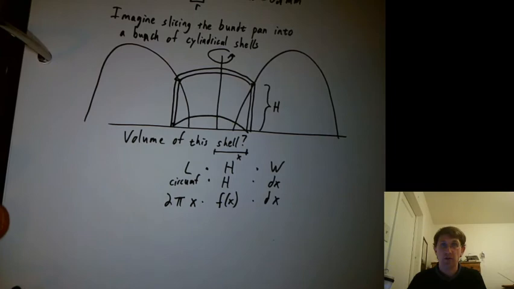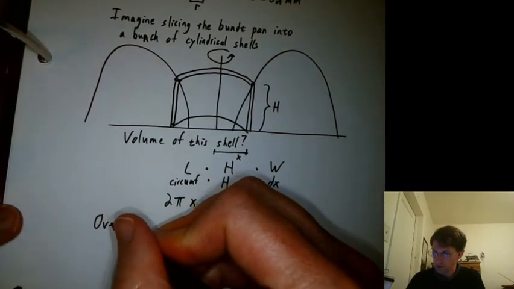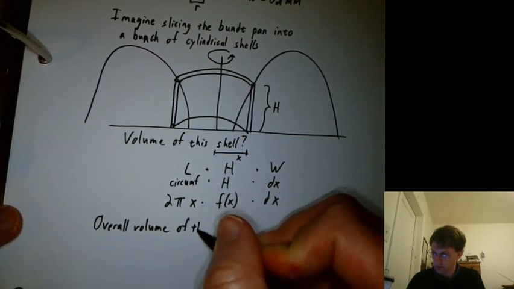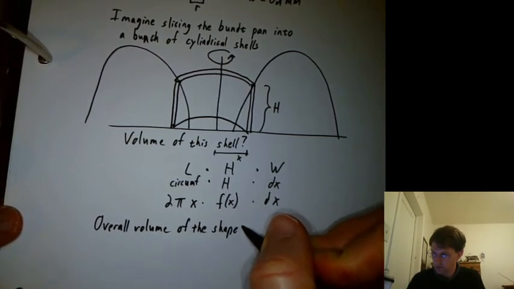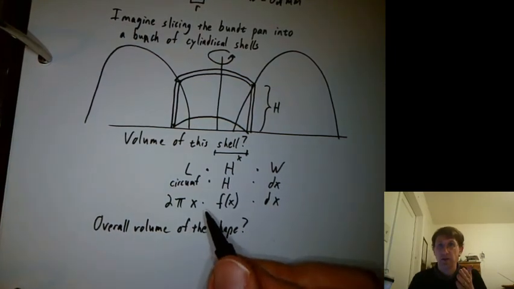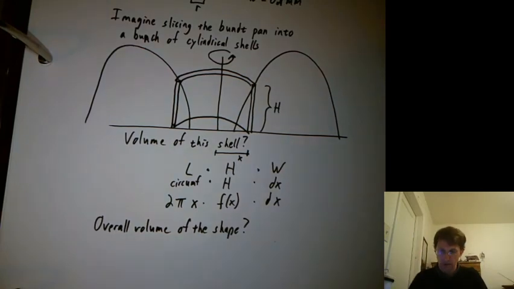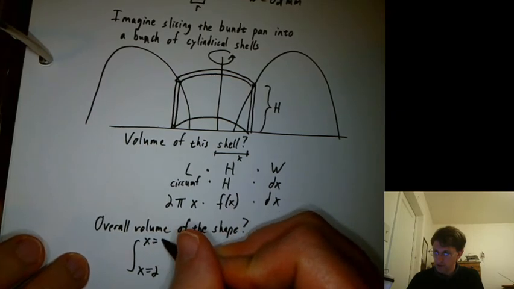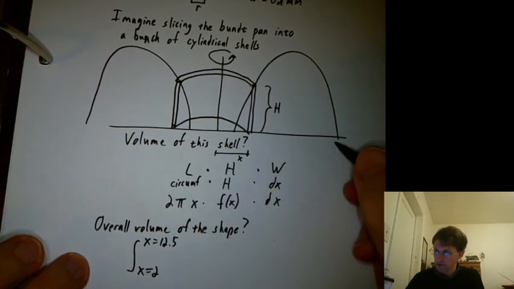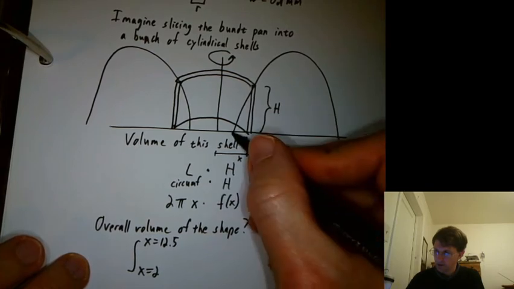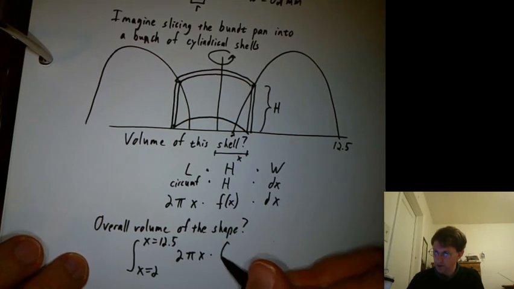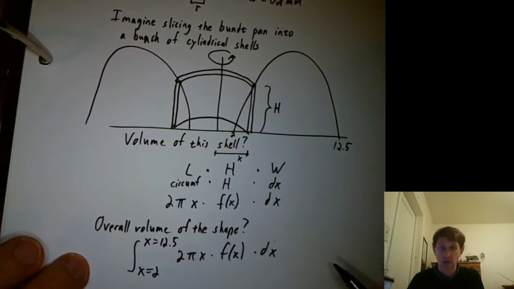And then what's the overall volume of the shape? Well, we would add up all the different shells, starting from a small radius and going to the largest radius we have. So it would be the integral from x equals 2 to x equals 12.5. That was out here. Here was x equals 2, of 2 pi x times f of x times dx.